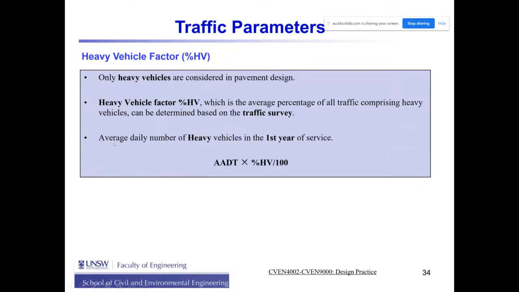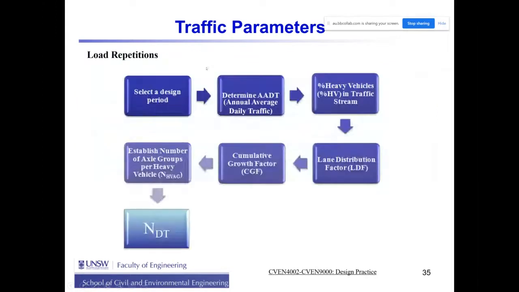And we want to determine the average daily number of heavy vehicles in the first year. So simply you can multiply AADT by the percentage of the heavy vehicles. Very simple, you can calculate this one. So percentage of heavy vehicles is a very simple traffic parameter. No need to further explain this.